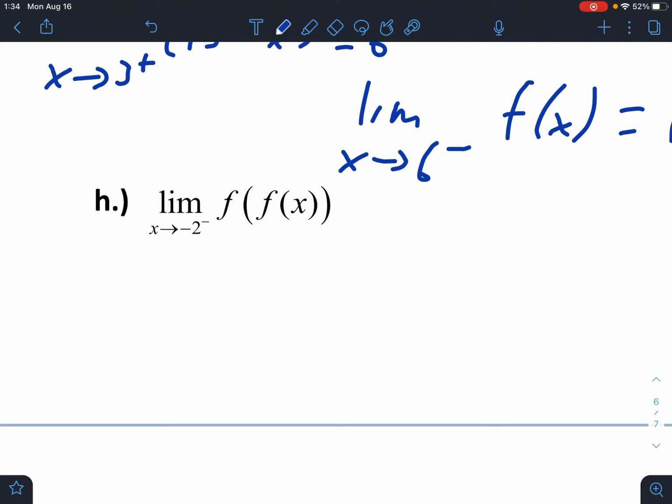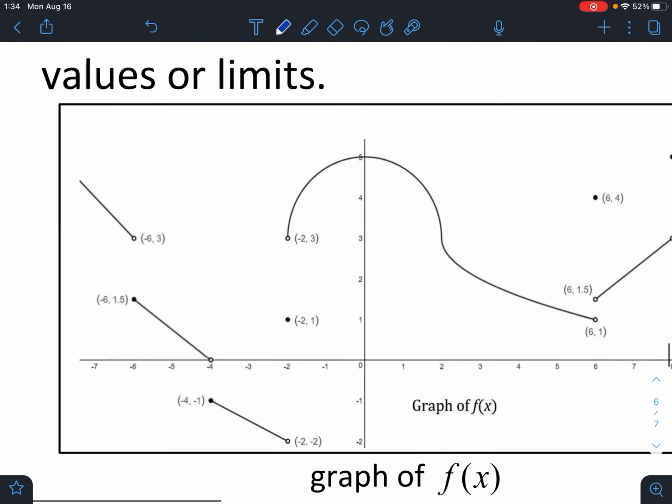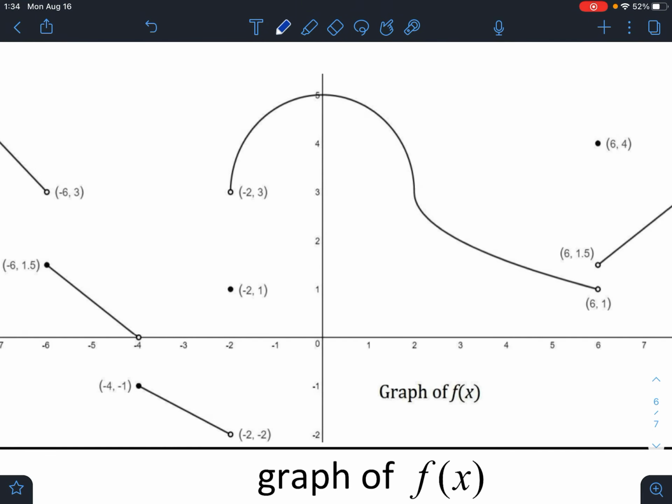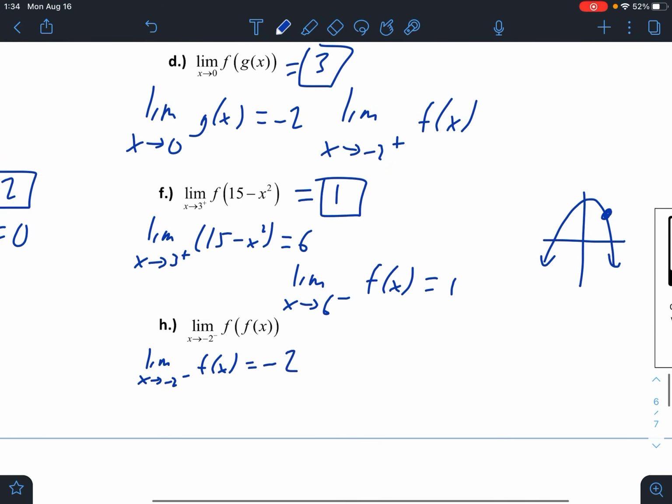Okay, and the last one, limit as x approaches -2 from the left of f. So we're going to start by doing just f. And that limit would be -2, which is coming at it from above. So keep that in mind here. So limit is -2 from above.